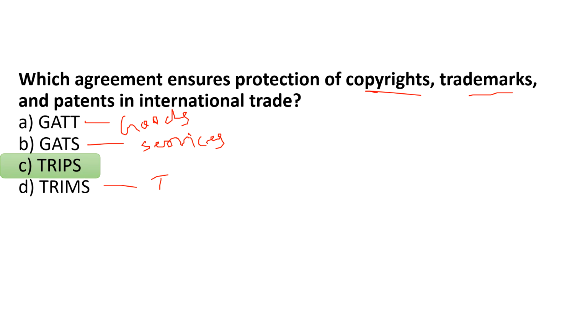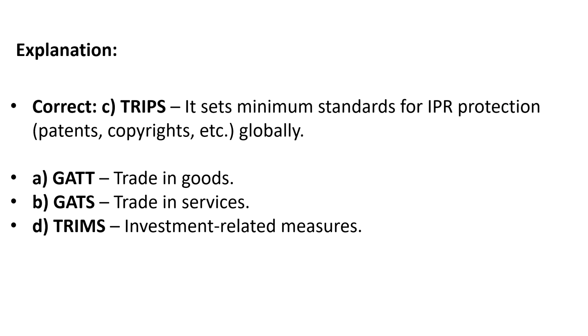TRIMS is related to investment. And TRIPS is related to IPR, that is intellectual property rights. Clear? TRIPS sets the minimum standards for IPR protection, patent, copyright, GI, and so on, globally. GATT is trade in goods, GATS is trade in services, and TRIMS is investment related measures.